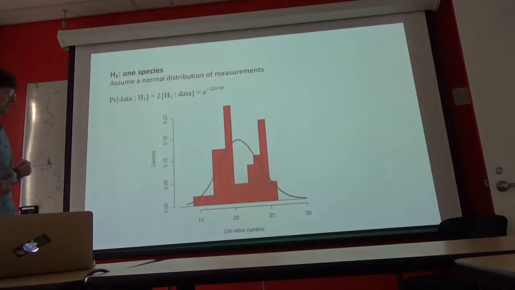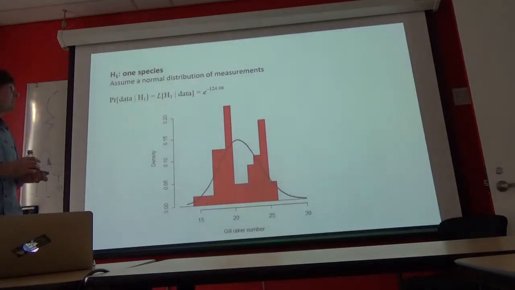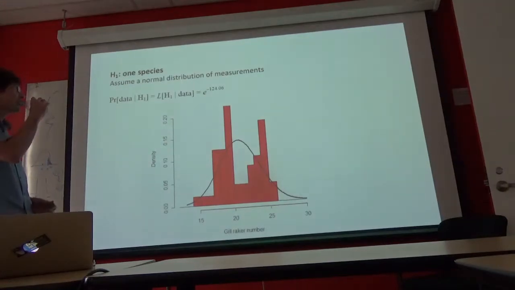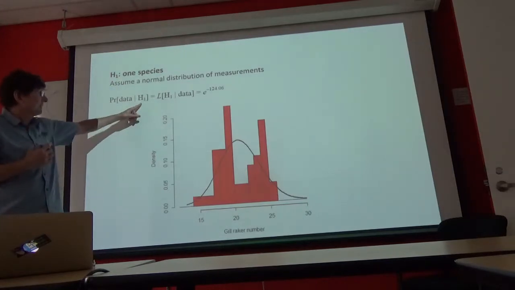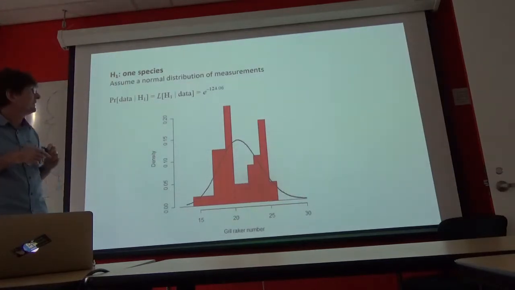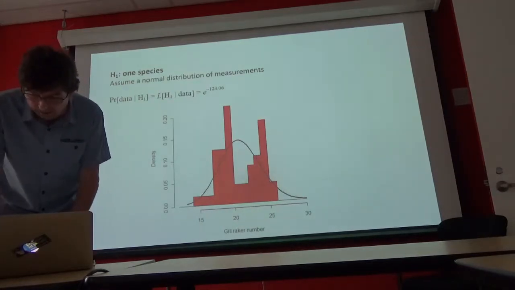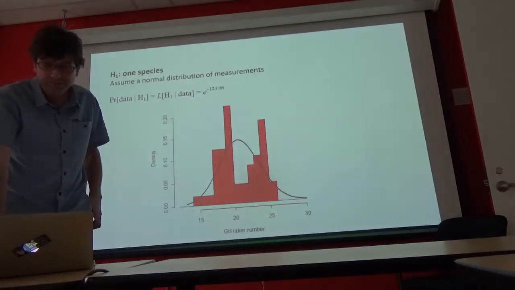So in order to do this, we're going to make some assumptions, and one is that, based on the evidence we know already from other lakes, the distribution is approximately normal. So for the hypothesis that there is just one species in this lake, we fit a normal distribution to these data. We calculate the likelihood, the probability of the data given the hypothesis that there's just one species. And it's possible to do that using the probability density equation for the normal distribution.